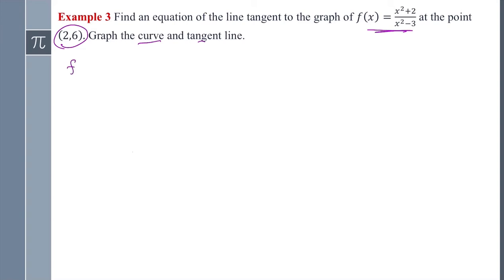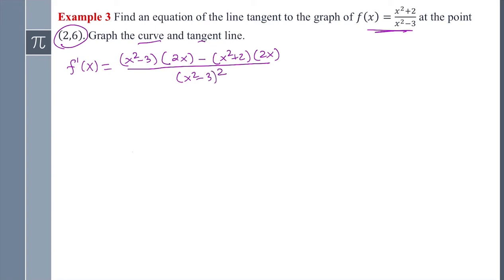So f prime of x equals the denominator, which is x squared minus 3, times the derivative of the numerator, which is 2x, minus the numerator, which is x squared plus 2, times the derivative of the denominator, which is 2x, divided by x squared minus 3, the quantity squared.